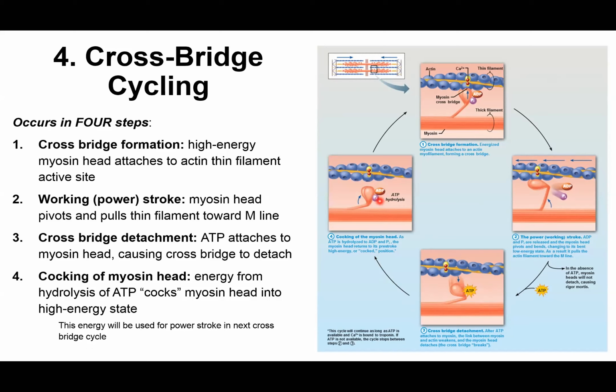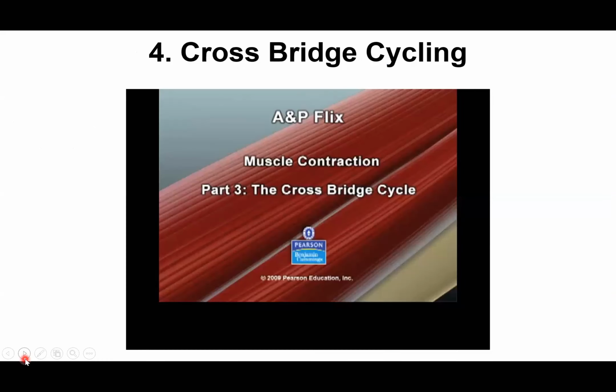All right, and this causes the myosin head to return to its pre-stroke, really high energy cocked position, and then the cycle continues. Okay. So let's see that in action.